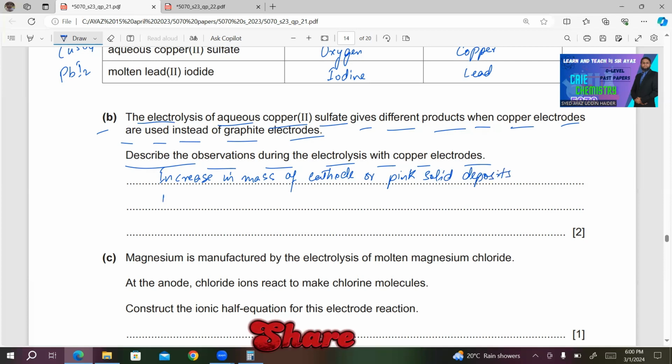At anode, there will be decrease in mass. Decrease in mass of anode, or anode gets smaller and smaller.